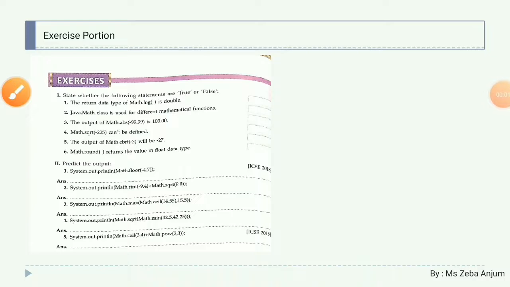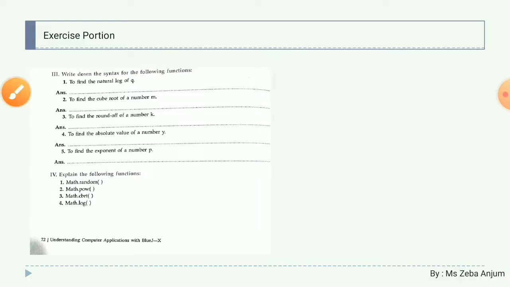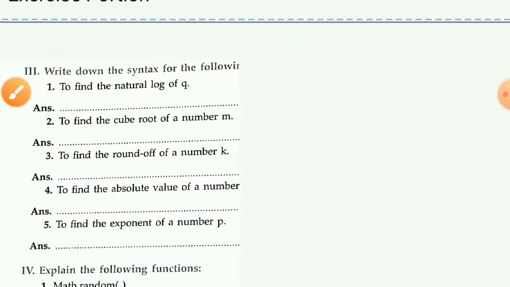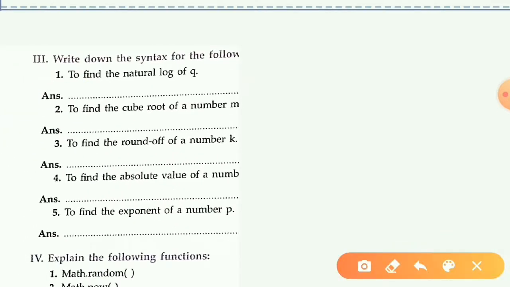Now let us see the third part. See, over here in the third section, you have to write down the syntax for the following function. So the first one is what? Let us zoom it out. The first function says to find the natural log of q. We are having already a mathematical function through which we are calculating your natural logarithm. So you will be writing what?